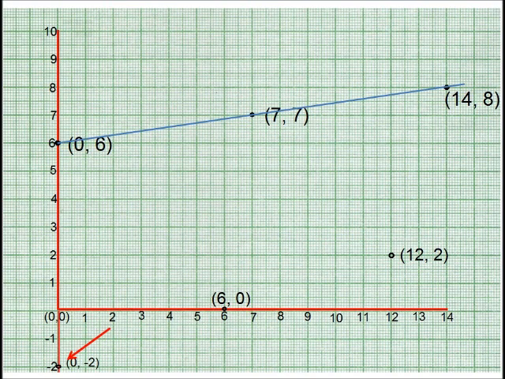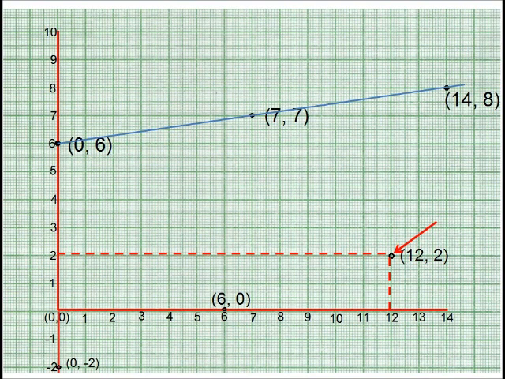Now mark all the 3 sets of values in the graph. So the first value, this is 0, minus 2. And this is the second set of values, that is 6, 0. And this is the third set of values, that is 12, 2.